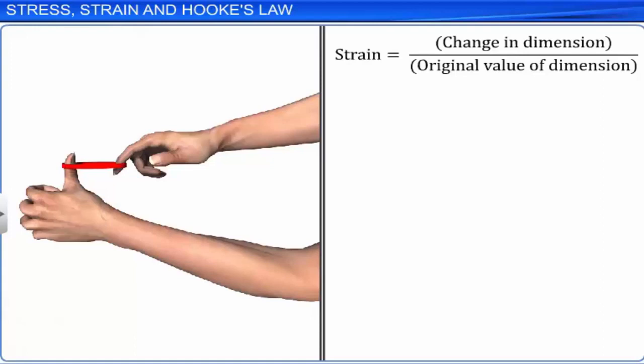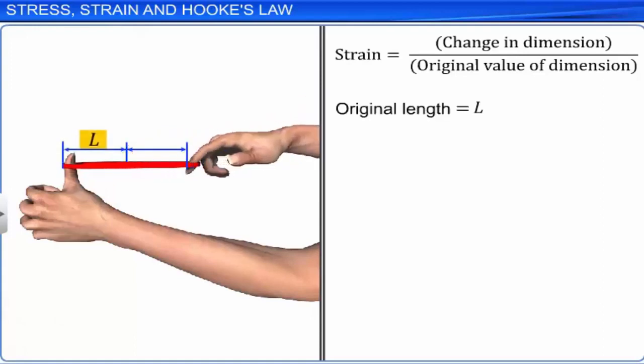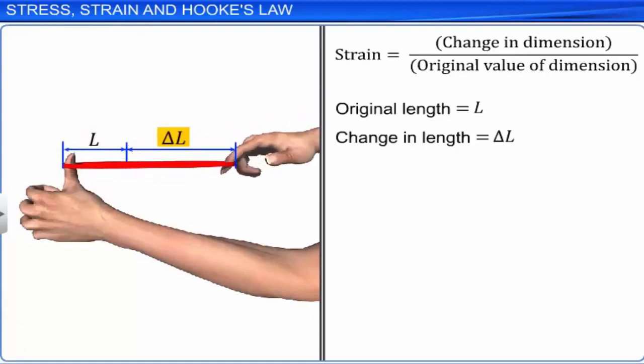For example, if the original length of a rubber band is L and the increase in its length is delta L, then the strain is equal to the ratio delta L to L. As strain is the ratio of two similar quantities, it has no units. Thus, strain is a dimensionless quantity.